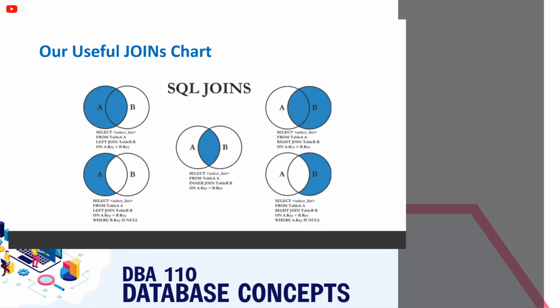For example, with our left join, we have tables A and B. When we are left joining, it gives us everything from table A and the overlapping material from table B.